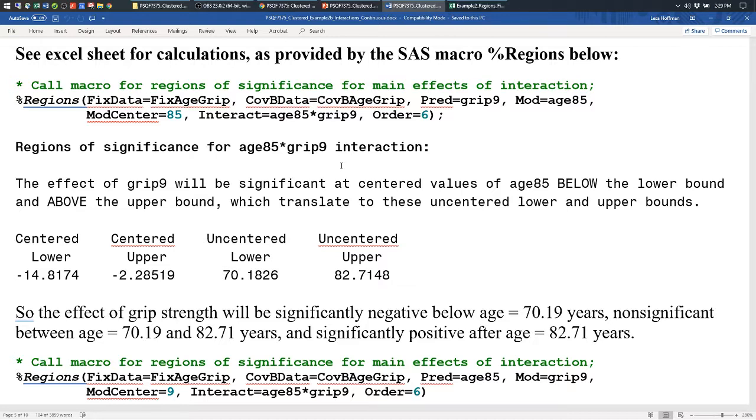This is the point where it shuts off one way or the other. So we know that the effect of grip strength in this case is going to be significantly negative anytime you are below 70.19 years, non-significant between 70 and 82, and then significantly positive after 82.